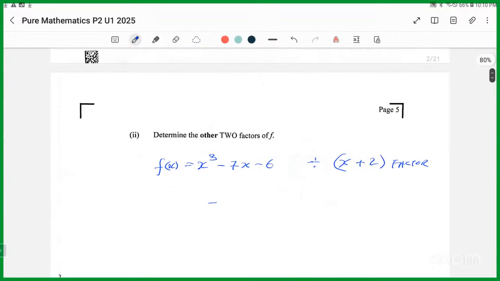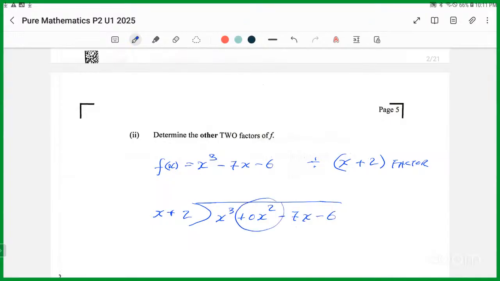We put everything in order of the powers of x. There's no x squared here, so I'm going to put 0x squared: x cubed plus 0x squared minus 7x minus 6. It's important to put like terms under each other.